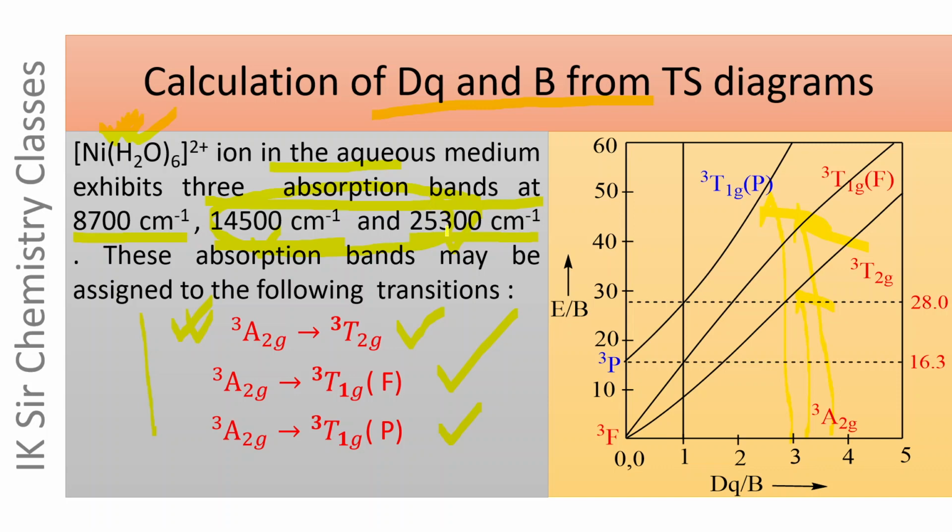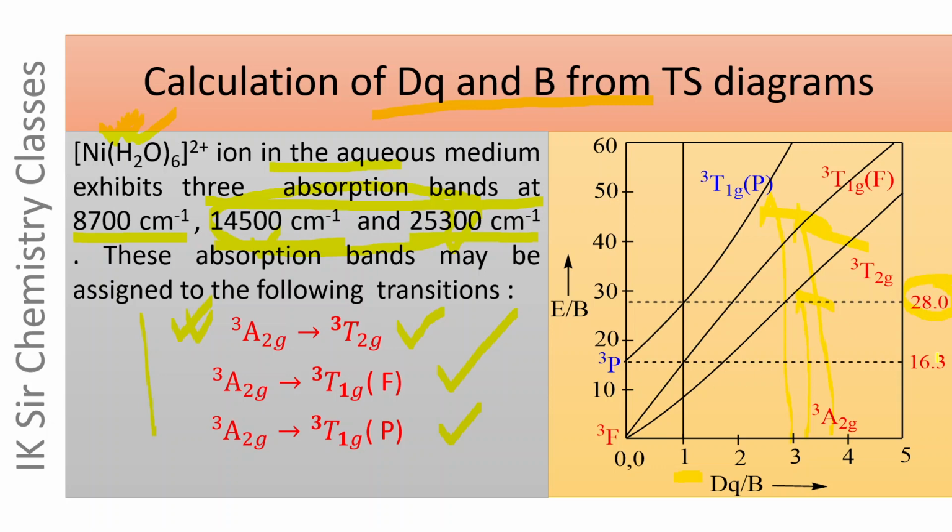And this ratio fits if we draw a vertical line at Dq by B equals to 1. If we draw a vertical line at Dq by B equals to 1, we get E3, this is third transition, E3 by B equals to 28.